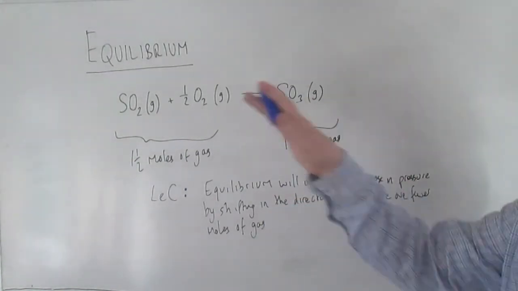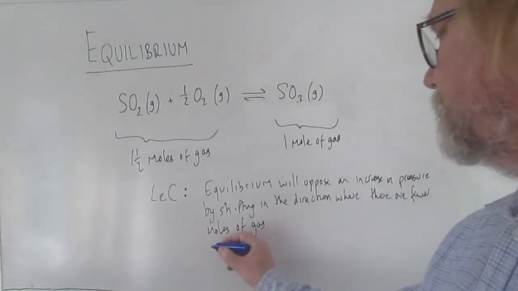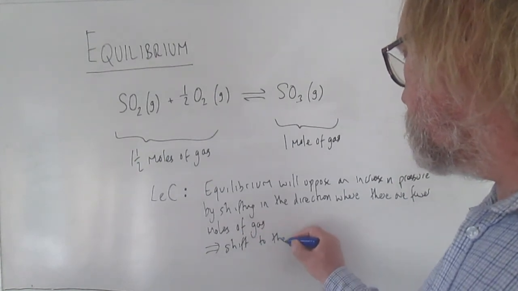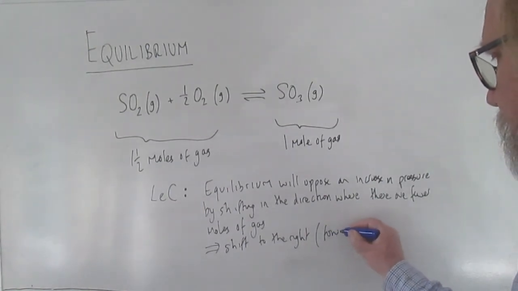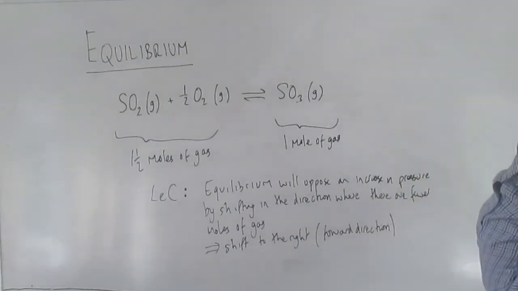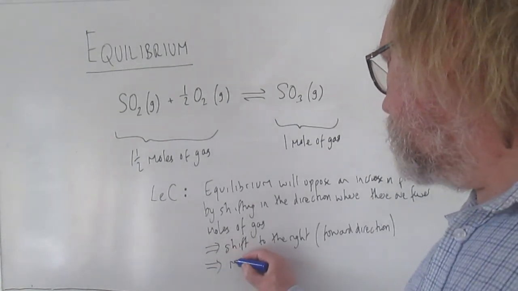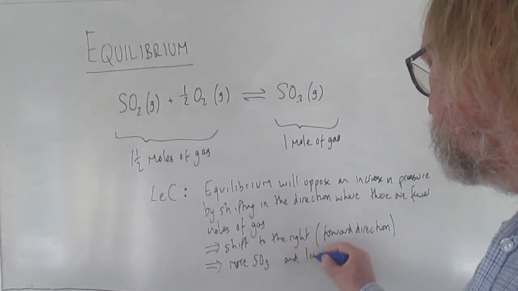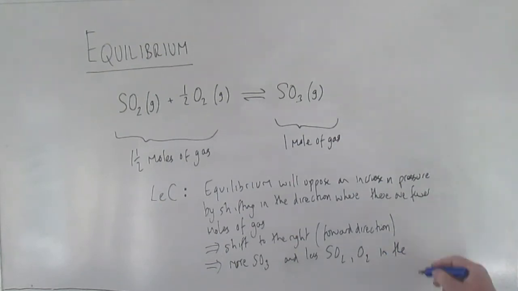And so you just look at the balancing numbers in the equation, making sure you only look at the gases. And so in this case, that means that you shift to the right. Or if you don't like right and left, the forward direction. Because there's only 1 mole there compared to the 1.5. And that means that you will get more SO3 and less SO2 and O2 in the new equilibrium mixture.